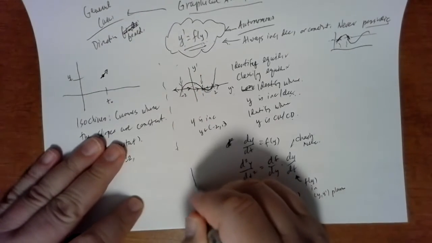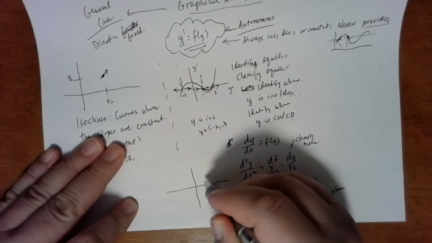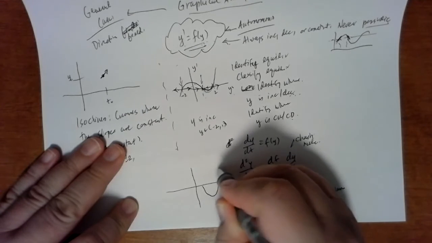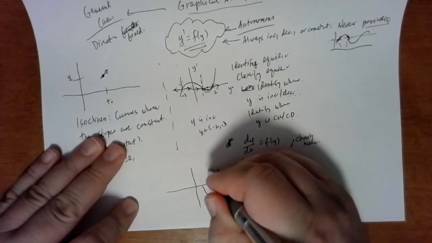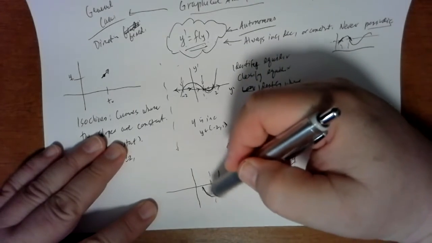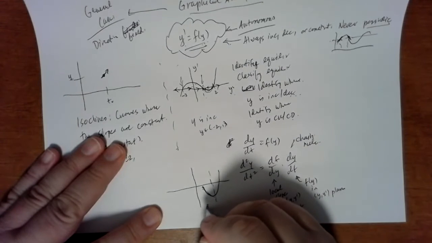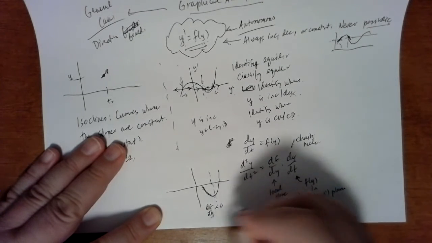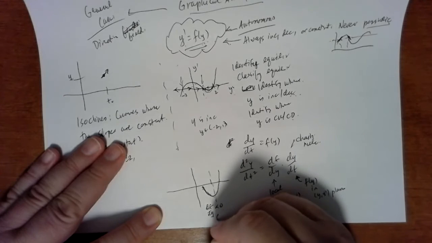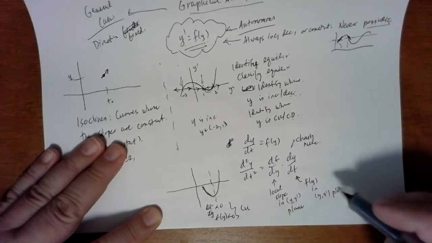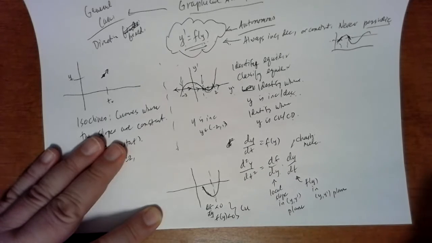So for example, suppose I've got part of my function that looks like this. Then in this region right here, we would say that df over dy is negative, but then f of y is also negative. So overall, concave up, because we're multiplying those two numbers together.